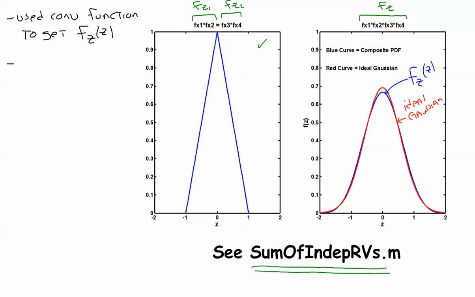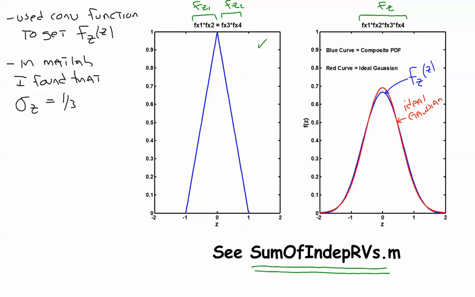I also, in MATLAB, found that the standard deviation for the composite probability density function was a third. All right, I did that in MATLAB, and those steps are in there.